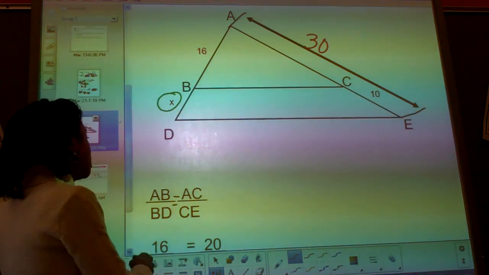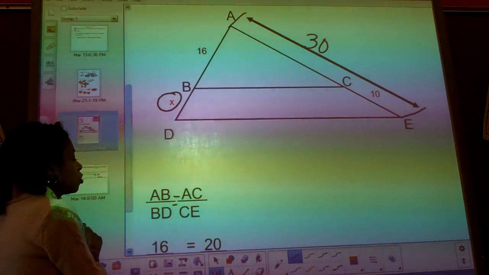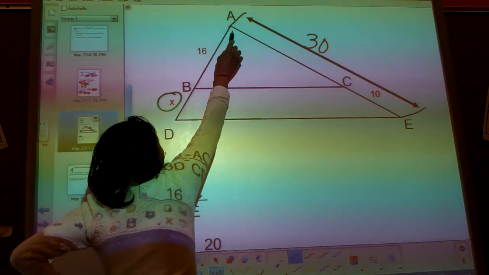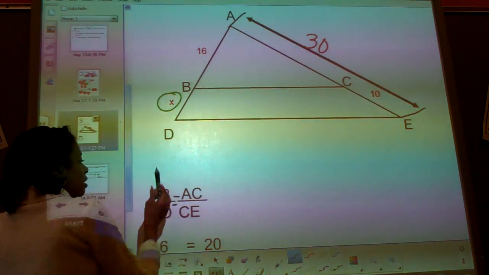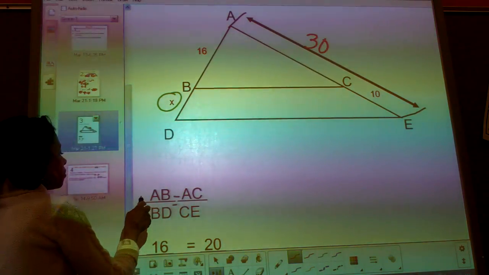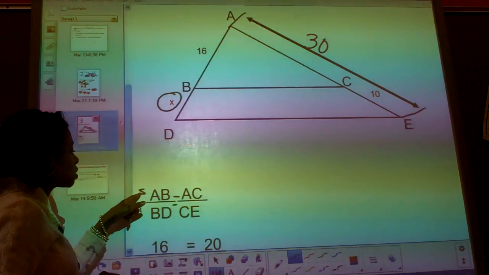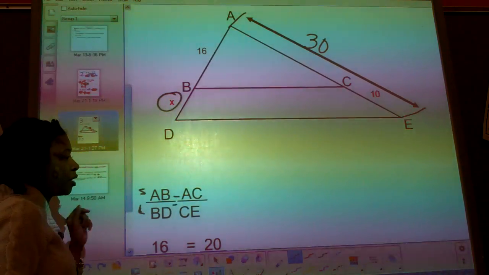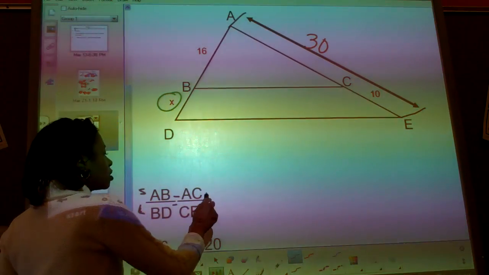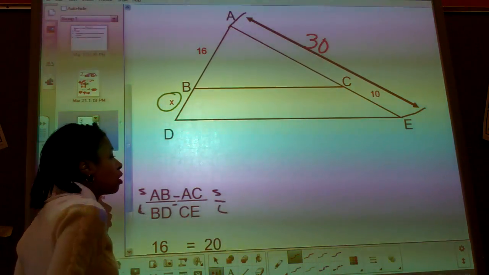AB is the non-proportional side, BD. AB corresponds to BD. So I'm doing this small one over here over this larger one. And if I'm doing small over large, S over L, then I want to stay small over large. That means this side should also be small over large.